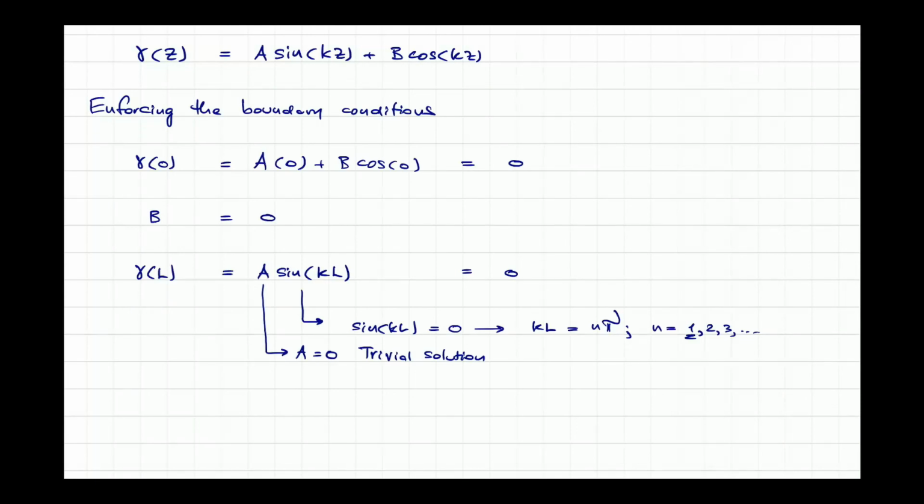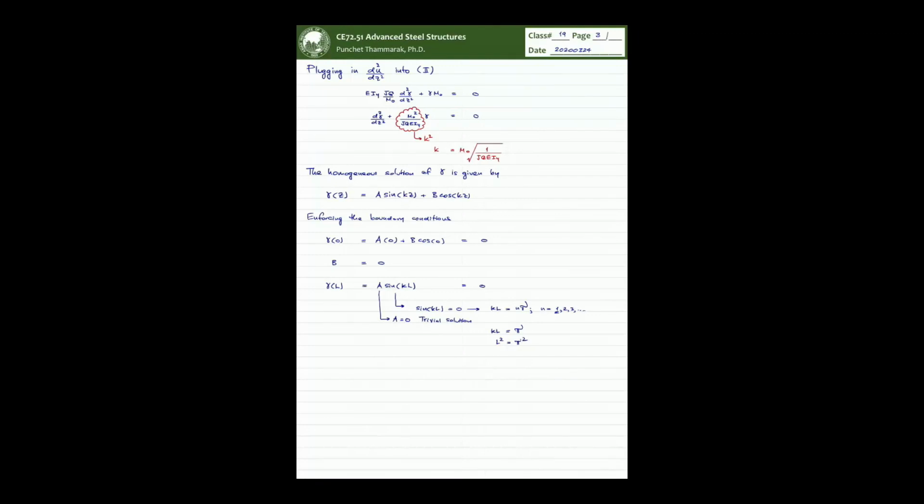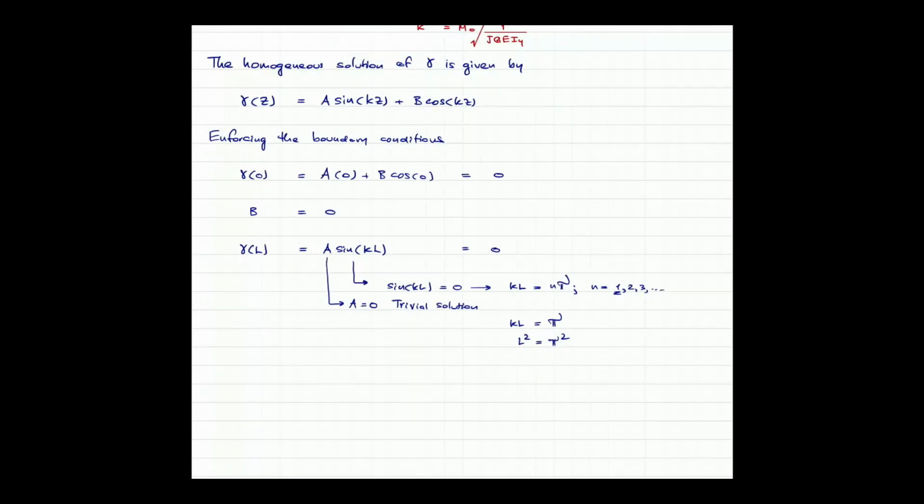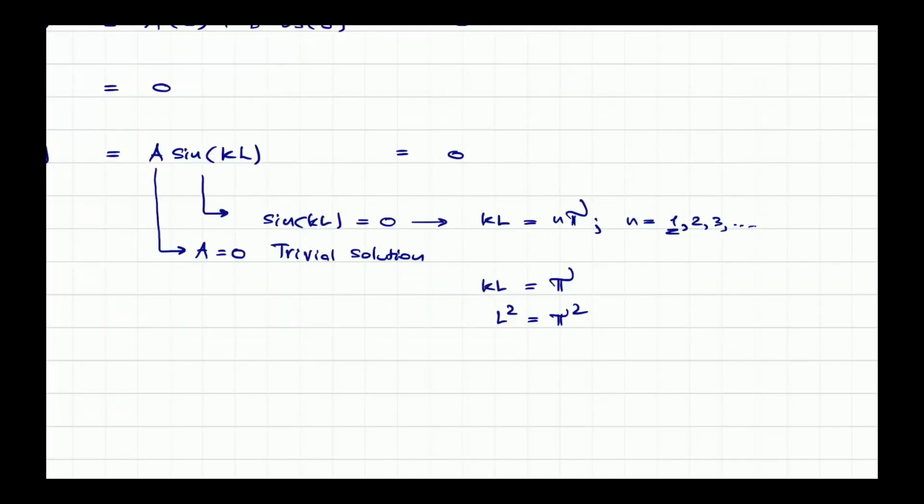So kL is equals to pi, or k square equals to pi square over L square, and I take the k from this one here, put it here.